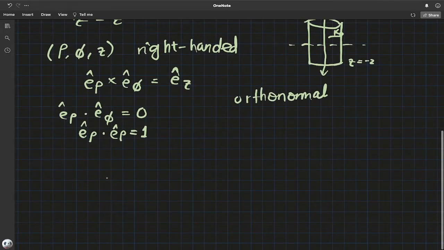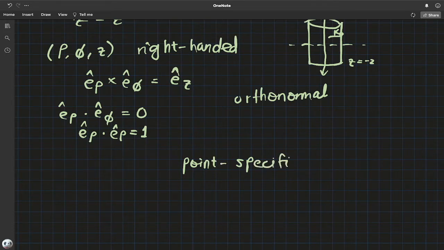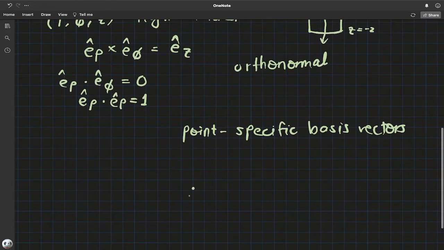Another special thing I would like to point out, which wasn't the case in Cartesian coordinate systems, is that the basis vectors are point specific. So let me write that down. We have point specific basis vectors. Say this is your origin here, and this is your point P. Your e rho hat will be radially pointing outwards at that point. Assume this is e rho hat.